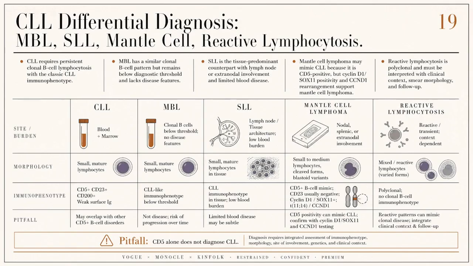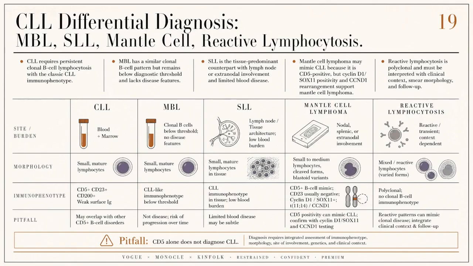Mantle cell lymphoma poses a significant diagnostic challenge because it also expresses CD5, a marker commonly associated with CLL. However, MCL lacks CD23 expression and, importantly, shows overexpression of cyclin D1 due to the characteristic t(11;14)(q13;q32) translocation.